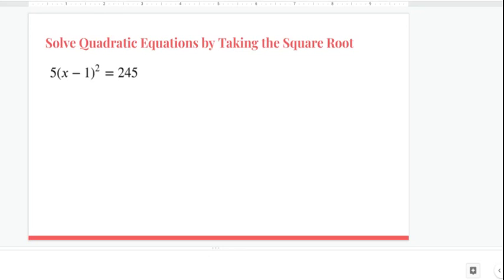I want to remind you that when you have a squared, you never go in. You always take the square root of both sides first, and then you do the operations inside the parentheses. All right, so let's start this equation by dividing both sides by 5.